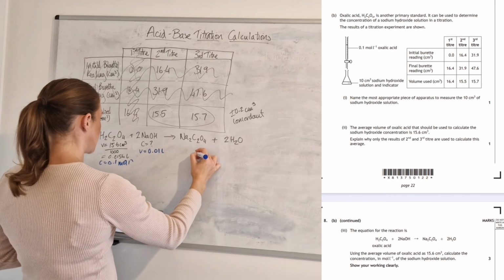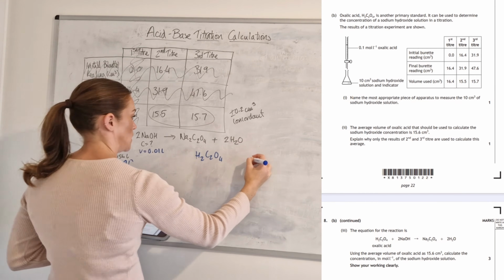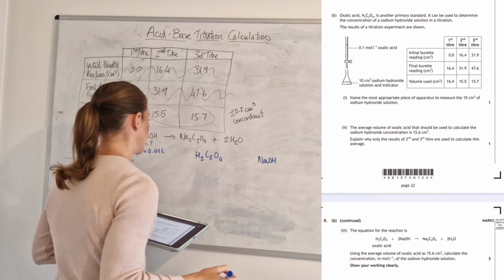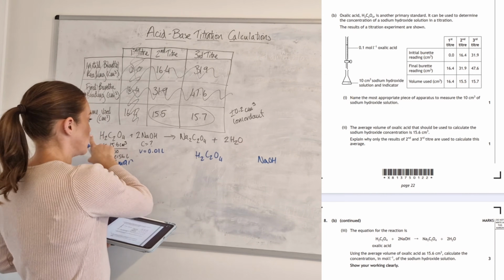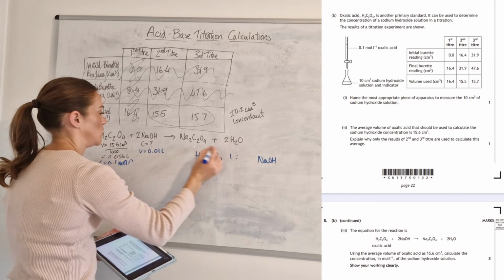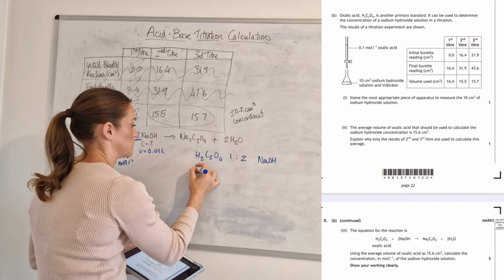So I'll take the chemical formulas of the two chemicals I'm using. Again, it seems like a lot of writing here, but it's actually not as much as it seems. Our mole ratio: there's no number in front of oxalic acid, so that's just 1 mole. 2 in front of the sodium hydroxide, so that's a 1:2 ratio.